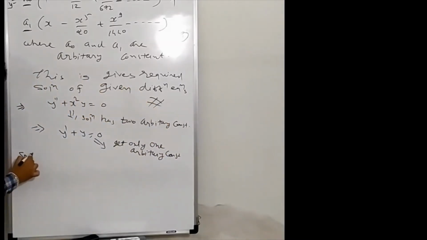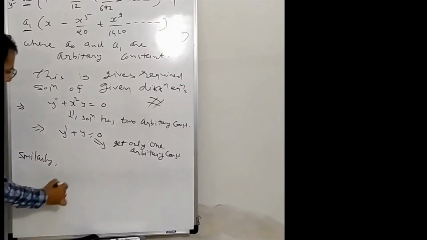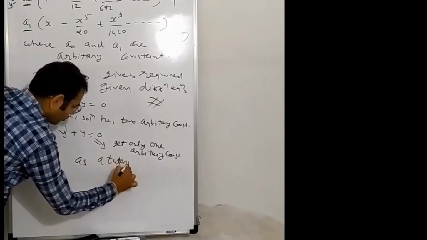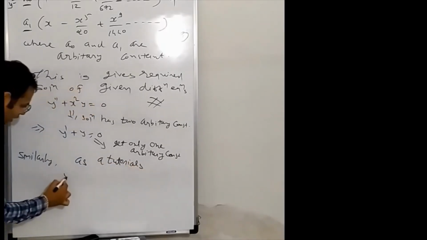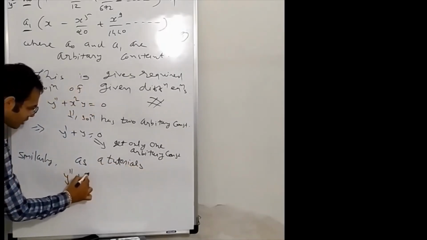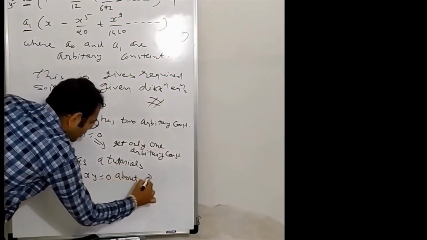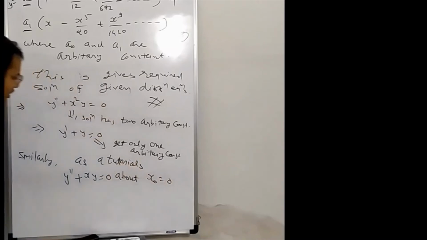Similarly, you can solve the following examples as tutorials. First one, y double dash plus xy equal to 0 about x0 equal to 0.